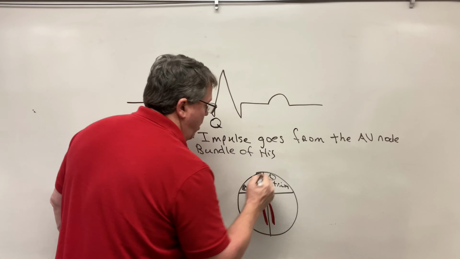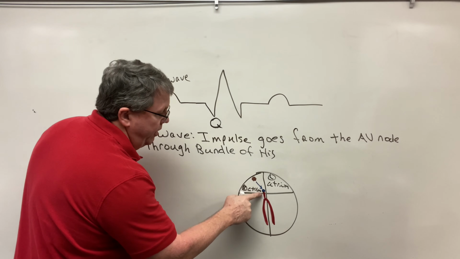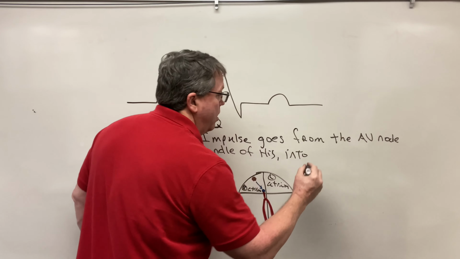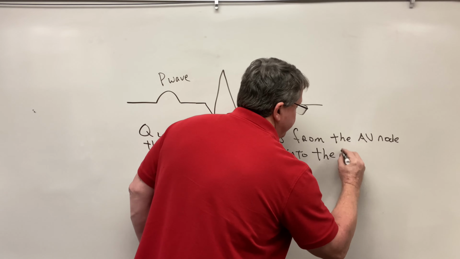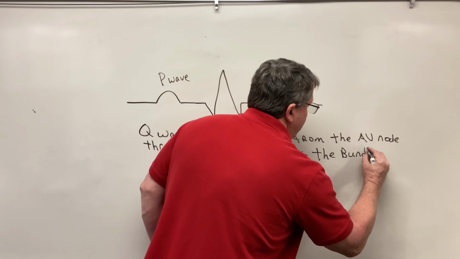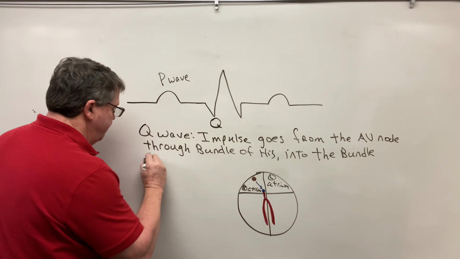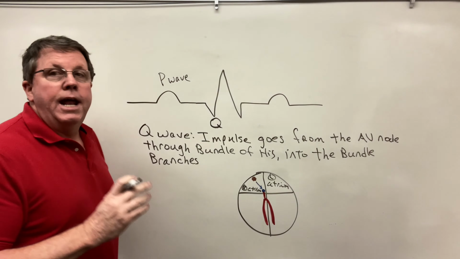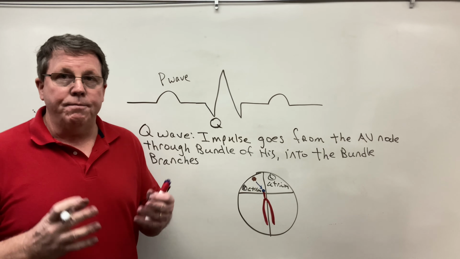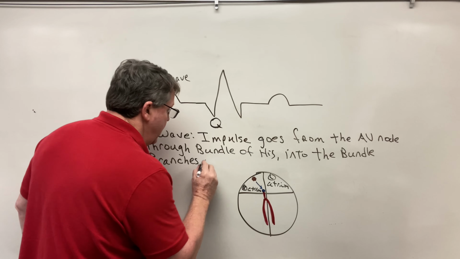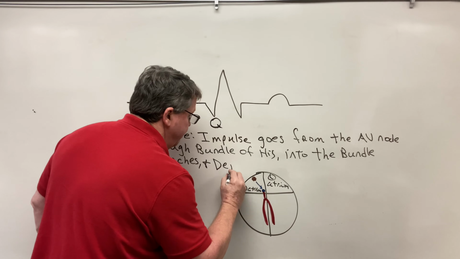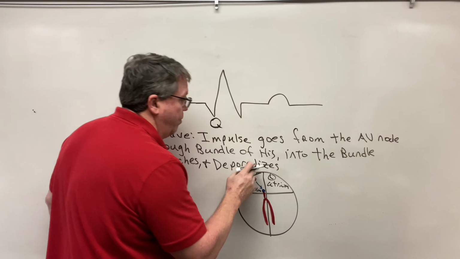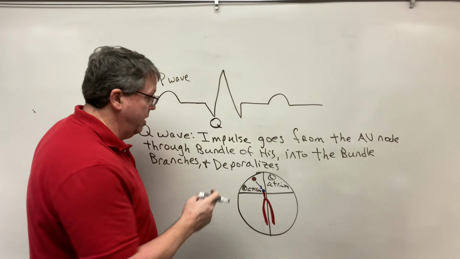And again, I know this part down here is hard to see, but that's the bundle of His right there. Bundle of His into the bundle branches. Remember, you have a right and left bundle branch. Okay? And it's going to make the ventricular septum start to contract. And depolarizes. Remember, depolarize in this case is going to mean contract.